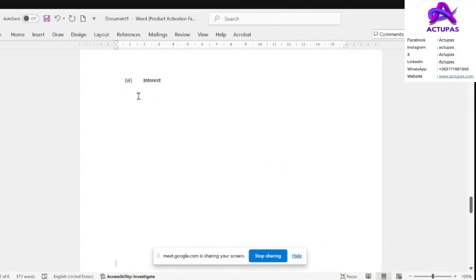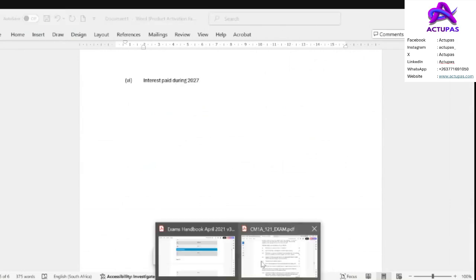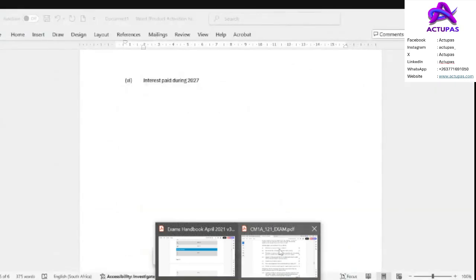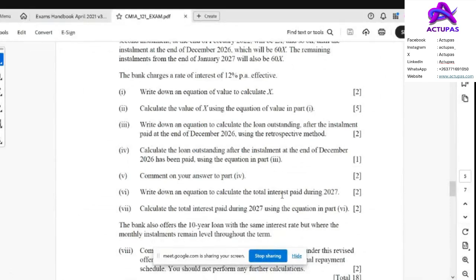Interest paid during 2027. The question says write down the equation to calculate the total interest paid during 2027.